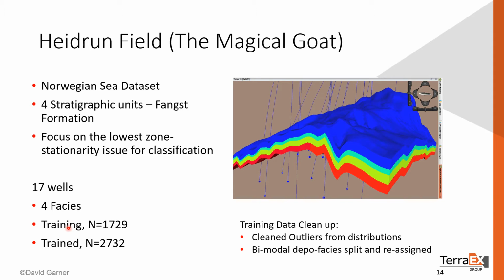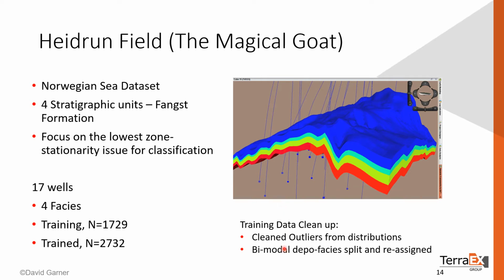Our training set, where we have facies defined, is this many samples, and then we train up additional well log footage, and the total then is 2732 samples. The training data cleanup is really about getting rid of outliers. So for a given facies, removing the tails on distributions of things like gamma, density, neutron.